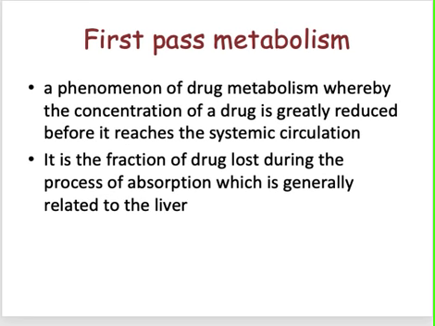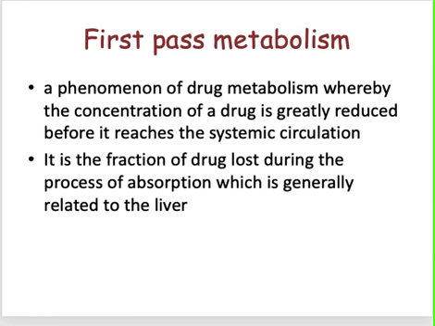So another important function of the liver is your first pass metabolism. So your first pass metabolism is a phenomenon of drug metabolism whereby the concentration of a drug is greatly reduced before it reaches the systemic circulation. So for example, when you take a tablet of 500 milligrams of paracetamol, it doesn't mean the 500 milligrams of paracetamol is actually able to reach your bloodstream.